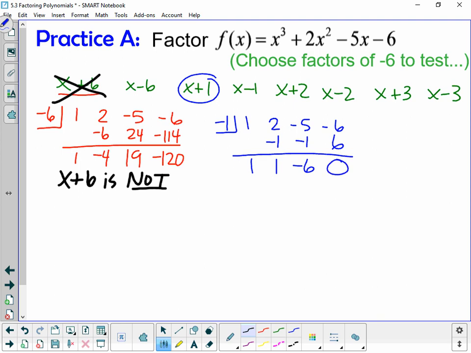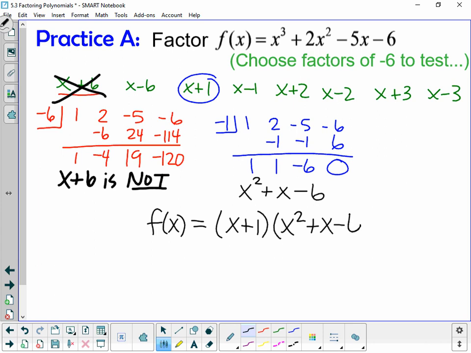Hey, look at that. That was pretty lucky. I was just picking one to test. So we divided it and we got this result. So that means so far we have an x plus 1 and we have this quadratic right here.